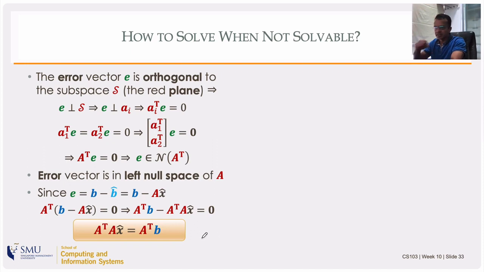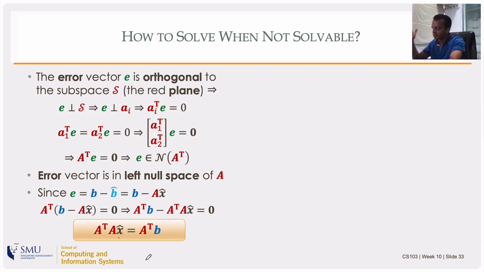Rewrite it, taking one to the other side. What we were trying to solve was AX equal to B, which we could not solve. Now it looks like you just multiply with A transpose on either side, then suddenly this is actually solvable. Of course you don't get the solution because there is no solution, but you get the best possible solution. So this is the recipe for actually solving.